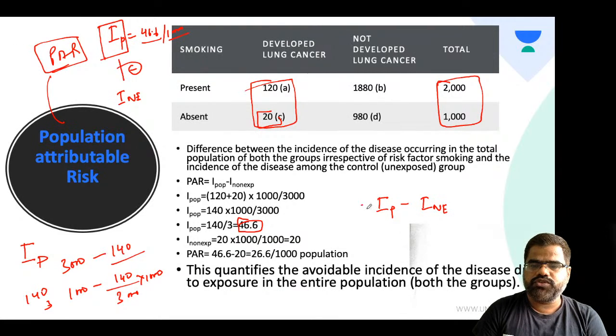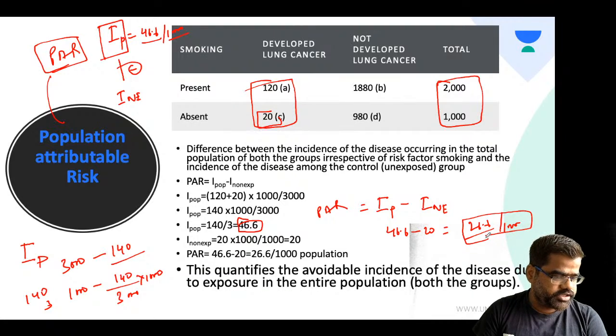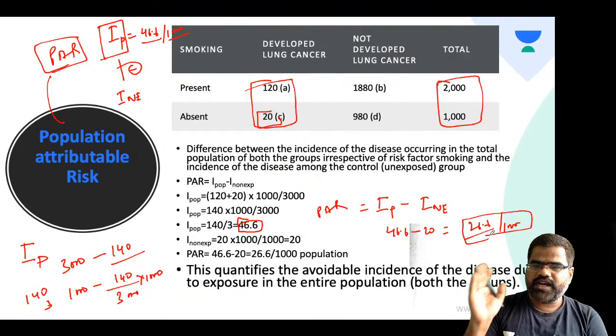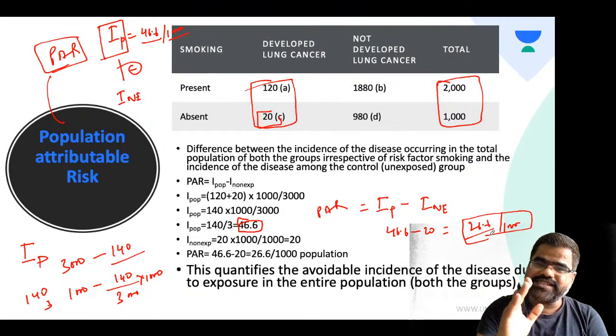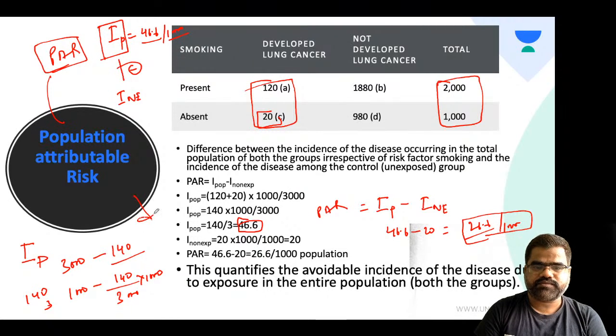So this gives you population attributable risk. So 46.6 minus 20. So it is 26.6 per 1000 population, right? So this is your population attributable risk. Simple. So what I did, I subtracted the non-exposed incidence from the incidence in the total population. So that is your population attributable risk.